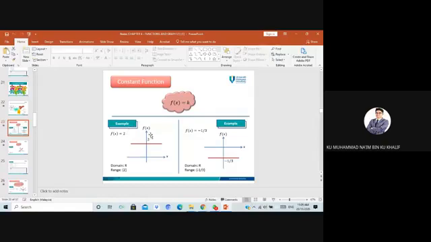Okay, and then look at the example here. We do have two examples here, right? f(x) equal to 2. So if there is no unknown x in the domain, dia akan jadi constant flat, call it flat. There is no curve, there is no gradient involved in your graph.